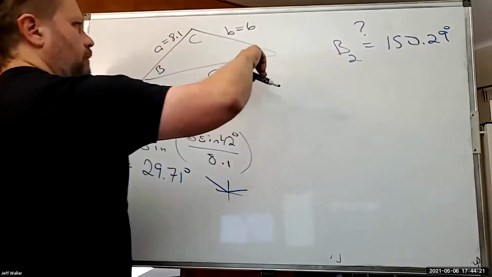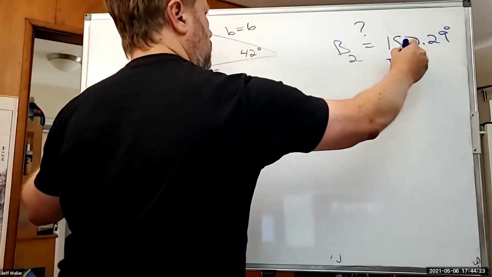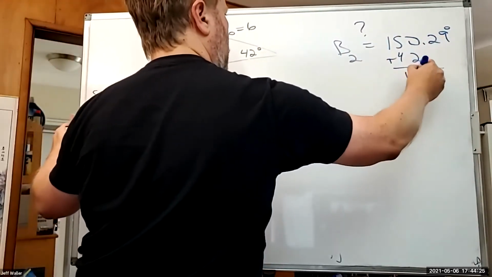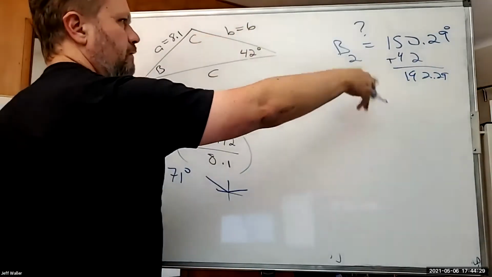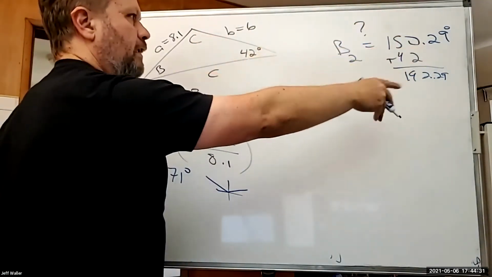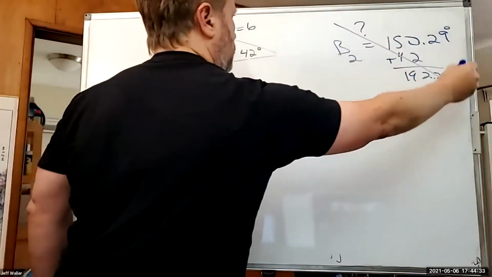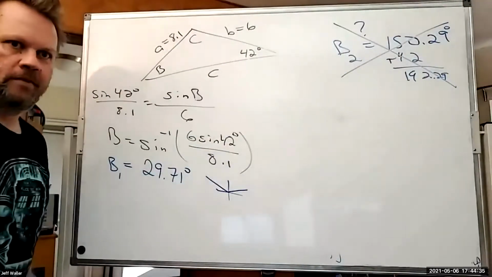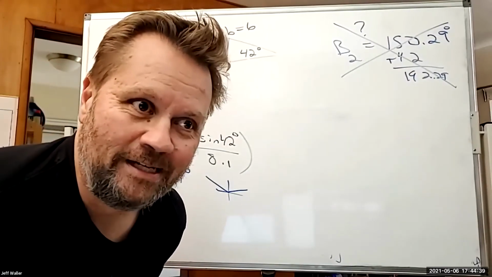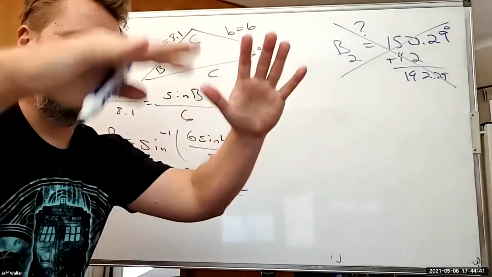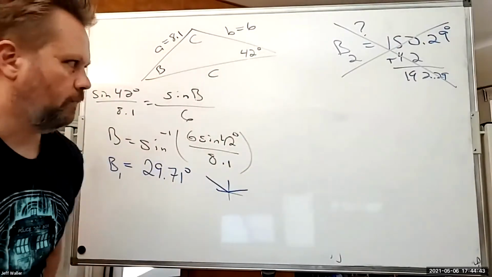But 42 does not work with that. Not only is there nothing left for him, that's already taken up more than it can. It's over 180. That's not going to work in our geometry. It works in other geometries, but don't worry, that's a little bit higher math. We're not going to do that. All right.